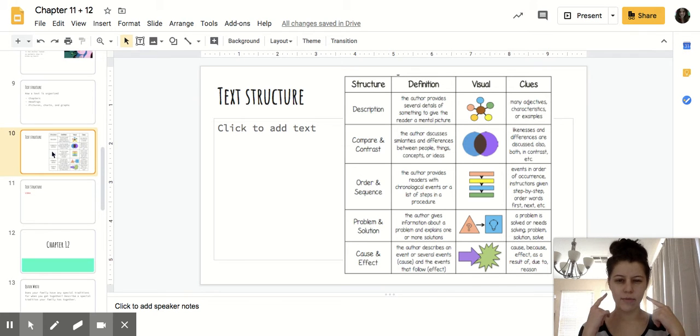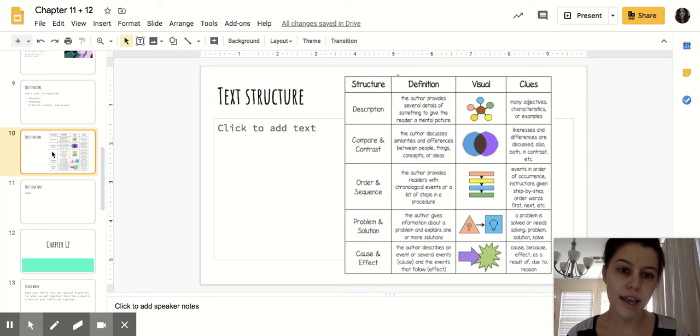If I know I'm reading something that's comparing and contrasting, I'm going to be able to absorb that information and focus on it in a much stronger way than if I don't know how it's structured. That's why we're hitting on this skill and trying to look for these text structures in writing and while we're reading.